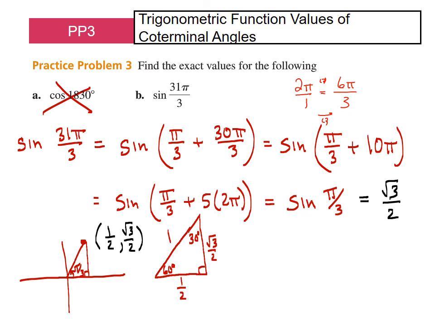Anybody know how many degrees is pi over 3? I heard 60 in a whisper. I go with that. Yep, it's going to be 60 degrees. So I draw my little dot over here, about 60 degrees-ish. Draw my r value back to the origin.